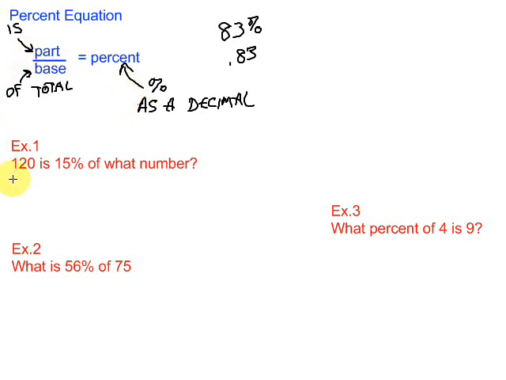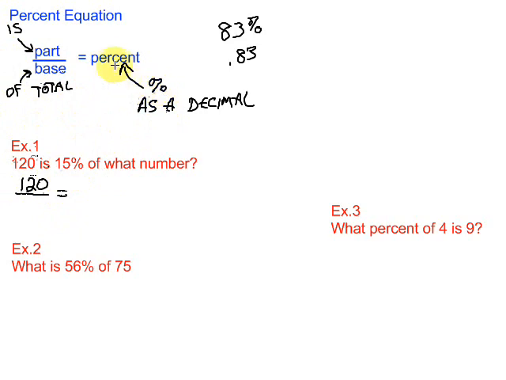Example 1. 120 is 15% of what number? Okay? 120 is suggests the part, so that 120 is going to go on top. So we have 120 over, and then equals, where that's our general form, so we can write that. Then 15%.